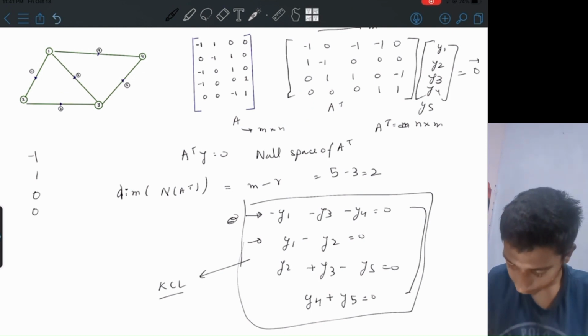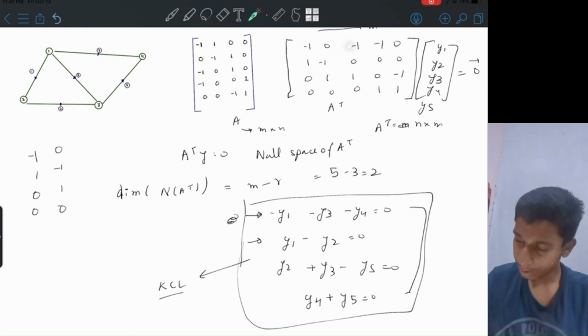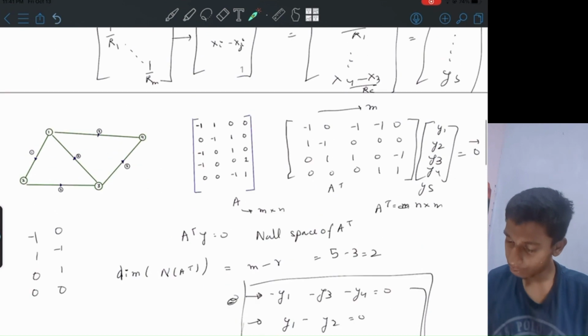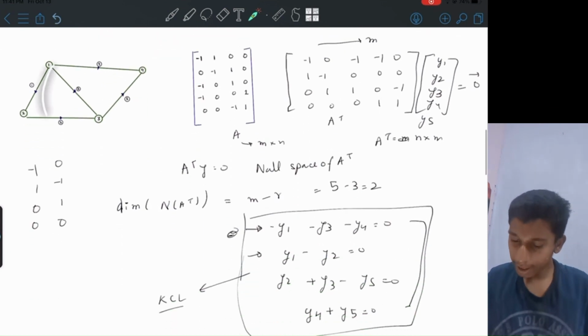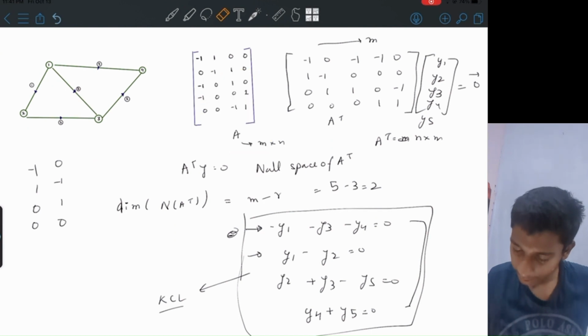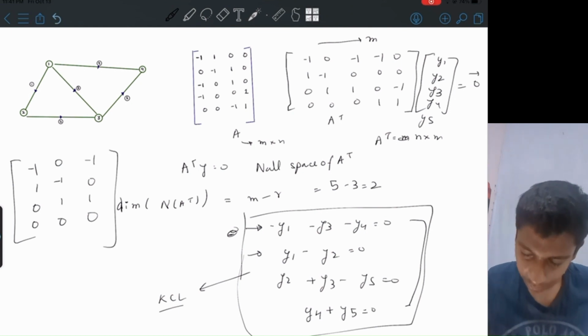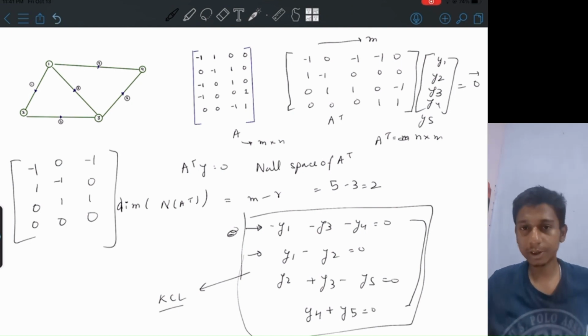So minus 1 1 0 0, and similarly the second row is also independent, but the third row is dependent on the first two, as we have already seen it forms a cycle. So leaving that, the fourth row is minus 1 0 1 0. This completes our entire set of the three vectors.